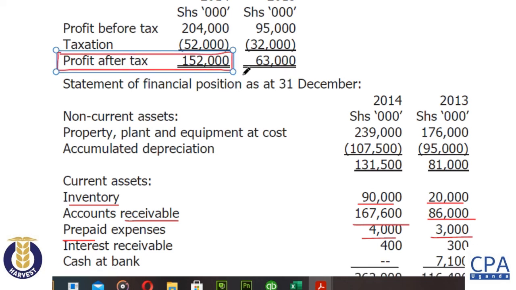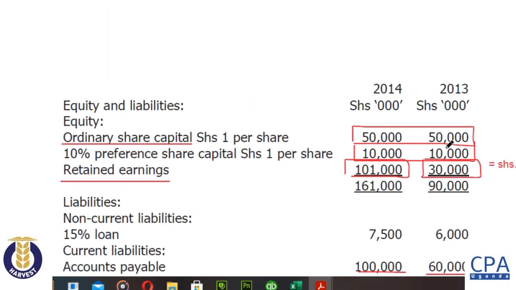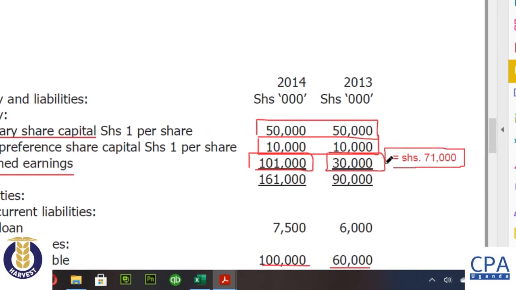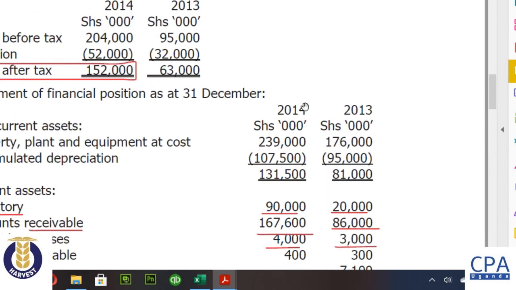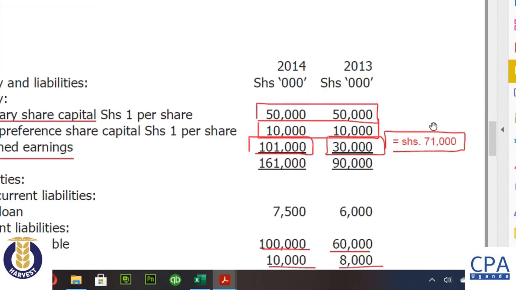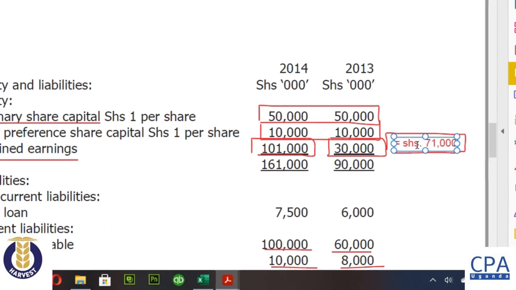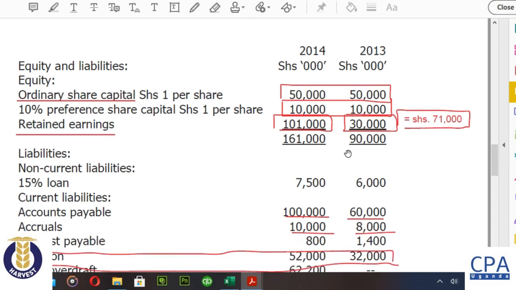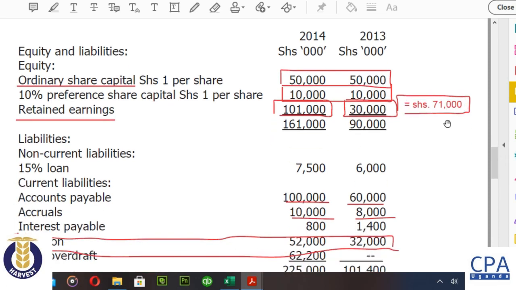This tells me that the difference is not actually the profit for the year, because I would expect 152 million, but I'm seeing 71 million. So it means that we should have paid a dividend. And now we are going to have a T account to look at the dividend that was paid, because that one ate away our retained earnings.